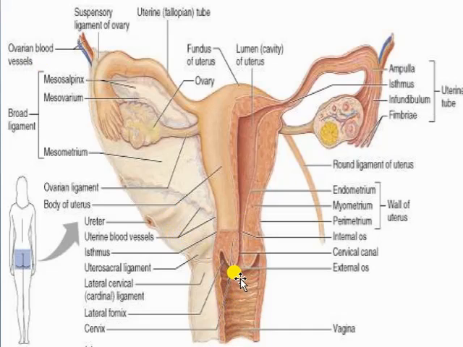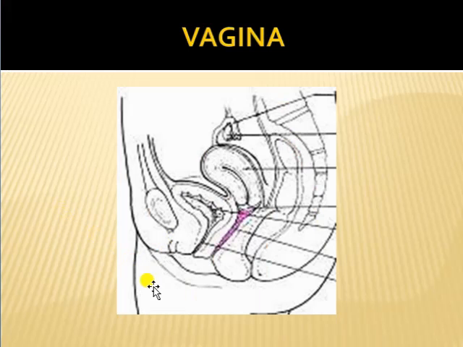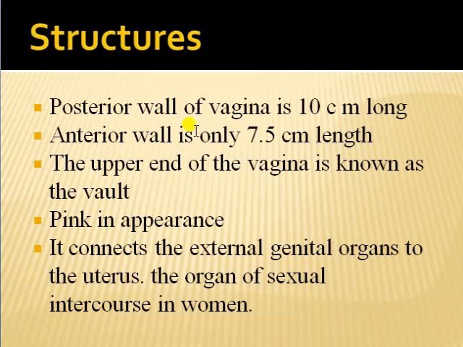This is in front, this is anterior, and this is posterior. So the posterior is 10 centimeters and the anterior is 7.5 centimeters in length.